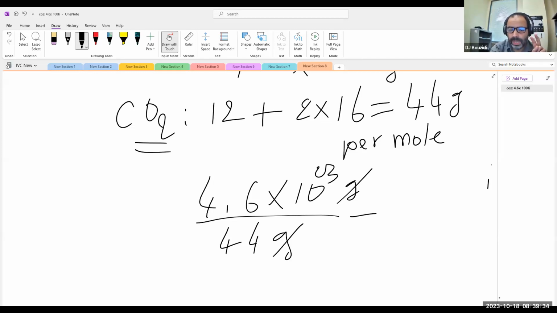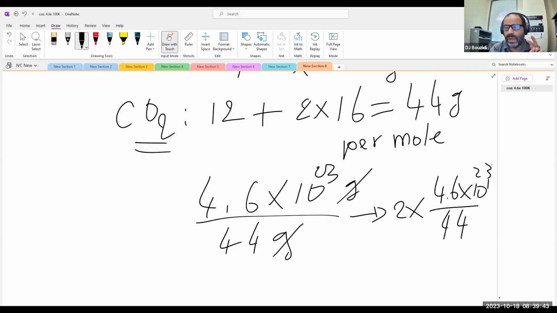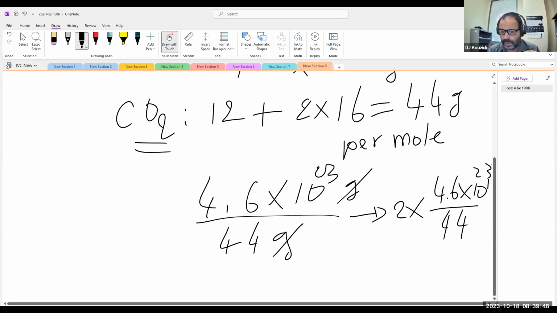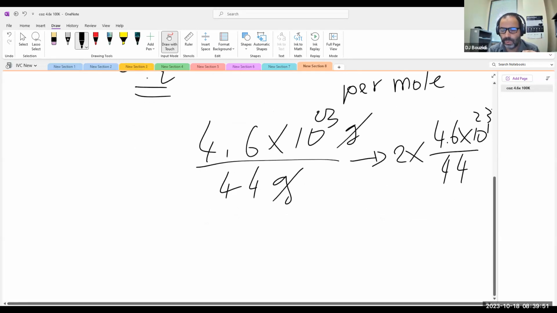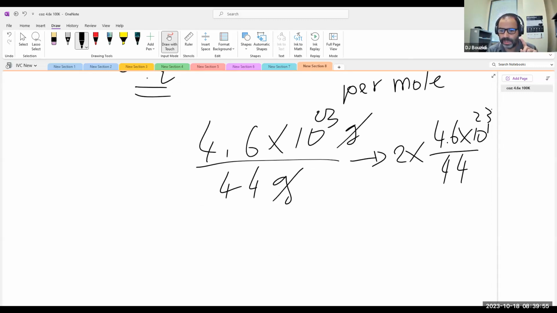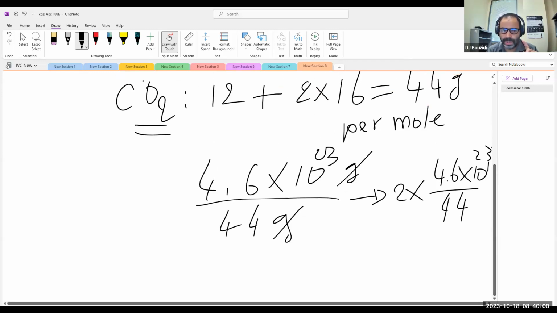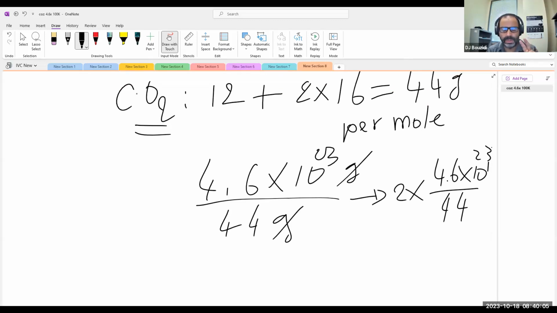That means this will give me 2 times this many, 4.6 times 10 to the power 23 over 44 atoms of oxygen. Because remember, 1 mole has 2 oxygen atoms versus 1 atom of carbon for carbon dioxide. So if I break this compound apart, I will end up with twice as many oxygen as I would carbon.